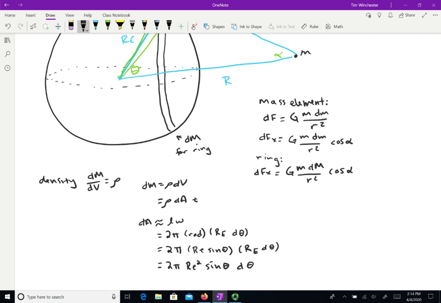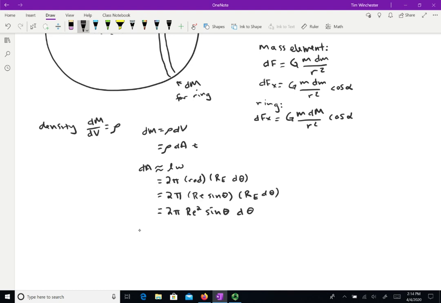Okay, and then I'm going to plug that into my dm expression. So dm is equal to rho times t times dA, which is 2 pi R_E squared sine theta d theta. Now I'm going to plug that into my expression for the force from the ring that I had a moment ago.